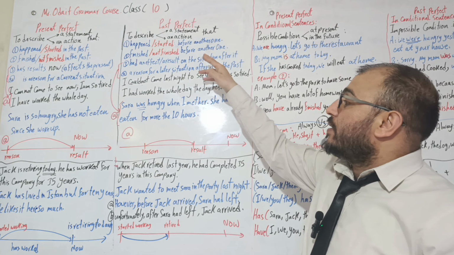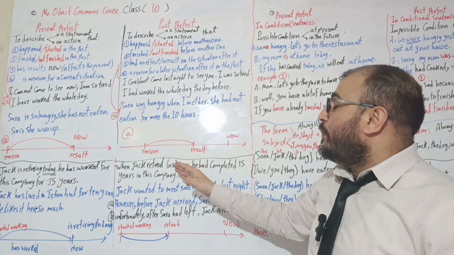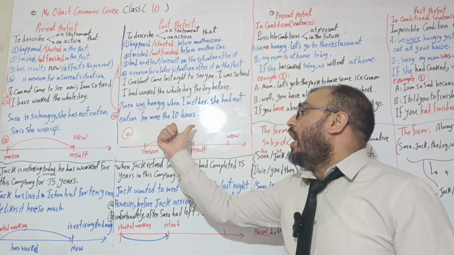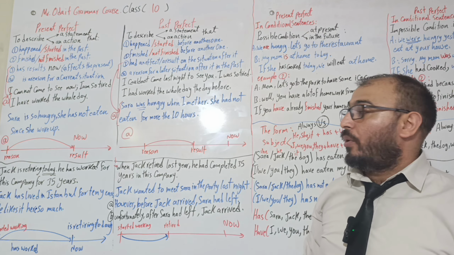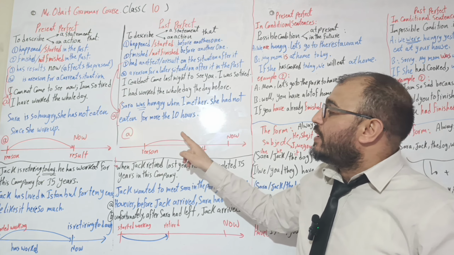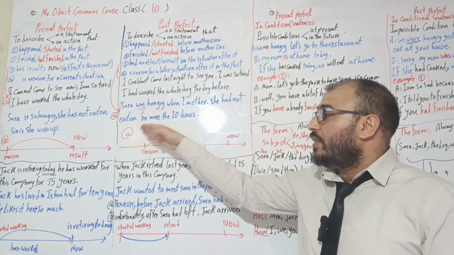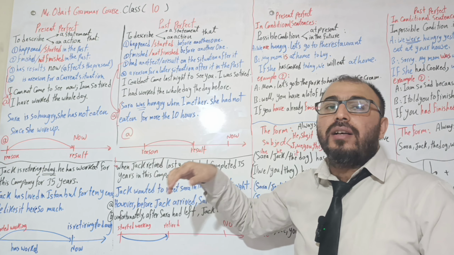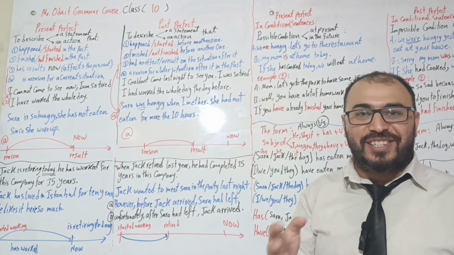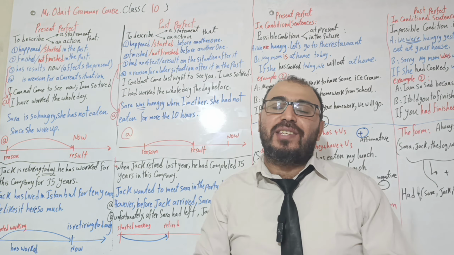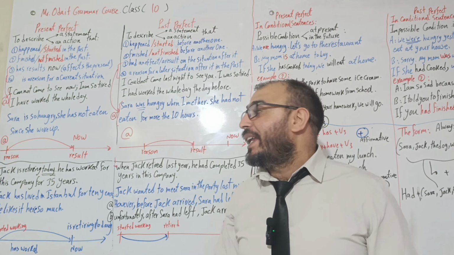For past perfect, the action happened in the past and its result happened after it in the past too. So past perfect is the reason of the past action which happened before it, or the past of the past which caused the past, as linguists sometimes prefer to explain it.